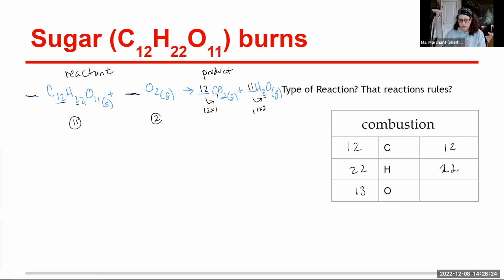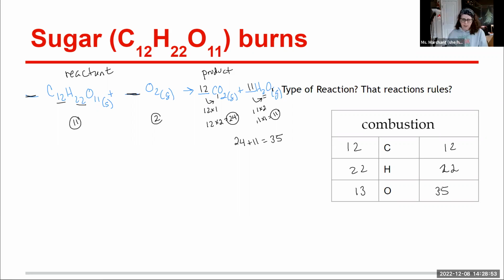How about on the right side, oxygens? 12 times 2 in this case for 24. Carbon dioxide has 2 oxygens for every 1 carbon. Water has 1 oxygen for every 2 hydrogens. So in this case, it's 11 times 1 or 11. 24 plus 11 oxygens on the right is 35 oxygens on the right.